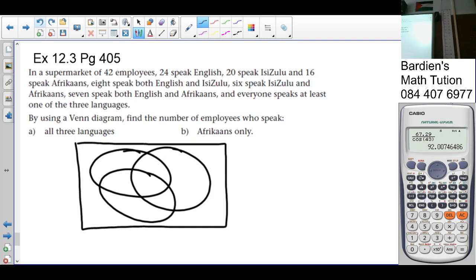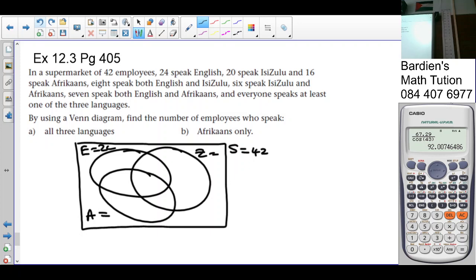The supermarket, 42 employees, that is going to be your sample space, 42. 24 speaks English. So you write that in. 20 speaks isiZulu. Let's put a Zulu. And 16 speaks Afrikaans. Okay, so that's simple.